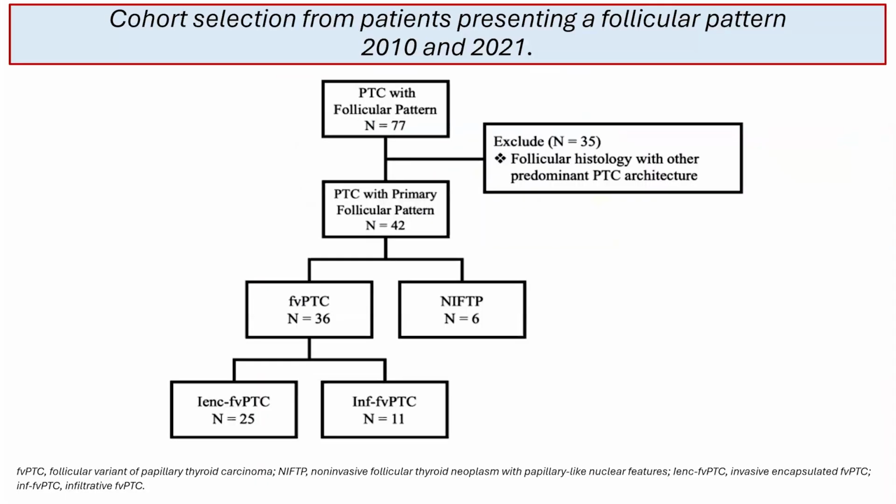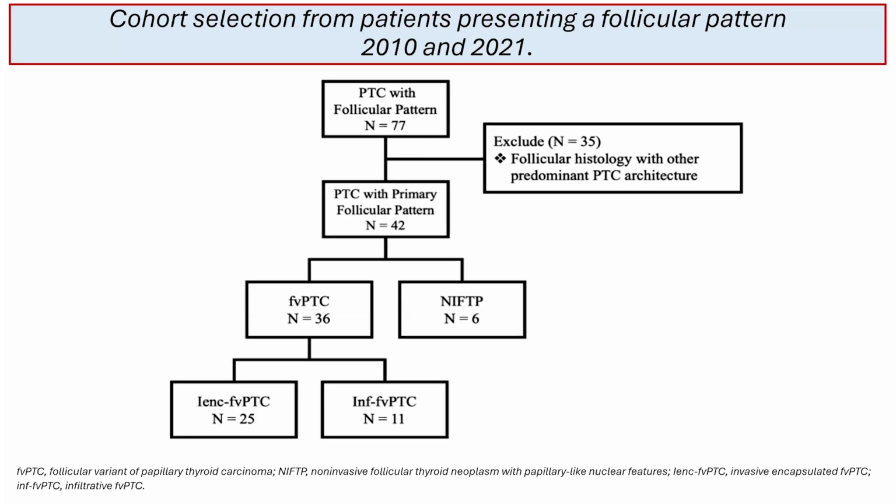So based upon this, when you look at the pediatric literature, in 2022 there was not much available in the literature on how we are diagnosing these follicular patterned encapsulated tumors which have nuclear features of papillary carcinoma. So we looked at the pathology database at the Children's Hospital of Philadelphia, and the final cohort was 42 cases.